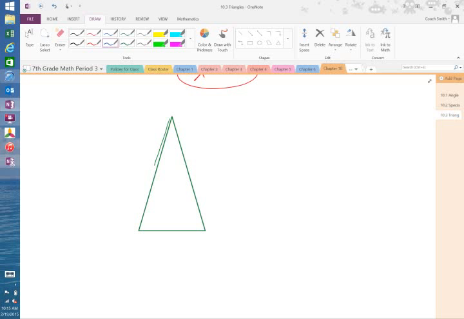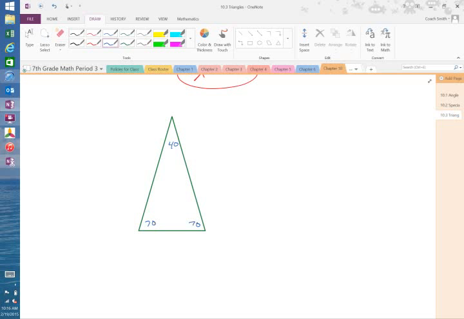If I give you those angles are 70, 70, and that's 40, excuse me. I give you those measurements, and I give you that triangle, and I want you to classify the triangle by its sides and by its angle measures.